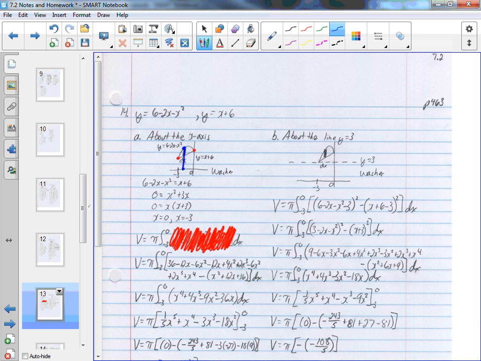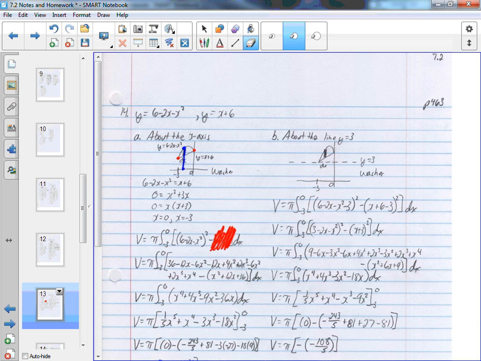So what's that distance? Well, it's whatever the y-coordinate is, right? But I can't put y, so instead I put 6 minus 2x minus x squared, okay? If I could put y, that'd be awesome, right? But I can't, because everything's got to be in terms of x. So the length of that outer radius is 6 minus 2x minus x squared. And don't forget, it's outer radius squared. So then I got to square that trinomial.